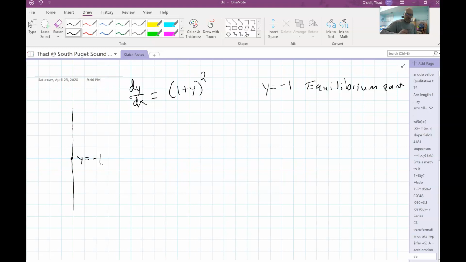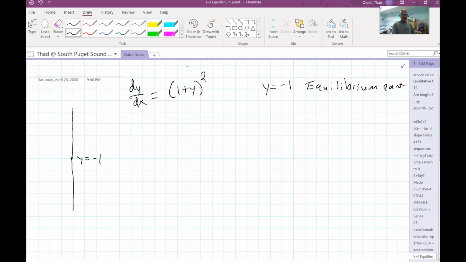Oh, first up, let's back up a second. We notice, first of all, that this is just in terms of y, which enables us to use a phase line. Remember we talked about that we can only use a phase line when the right side of the differential equation is only in terms of y, because then we know on the slope field that all the slopes in one horizontal line are going to be the same.